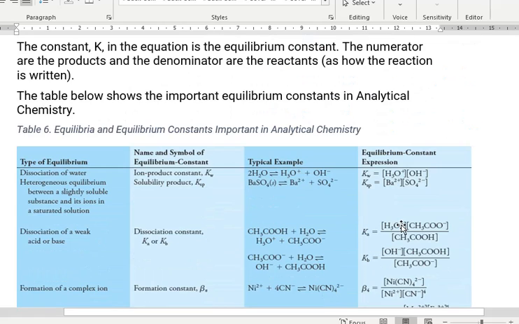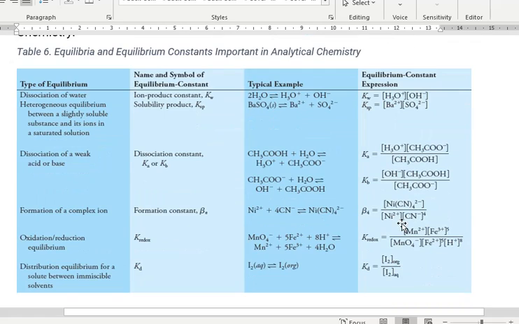Alright? That is why in analytical chemistry, it's very confusing sometimes. We have so many equilibrium constants that are given specific names. But it's still an equilibrium constant. Same method, that's still products over reactants raised to their stoichiometric coefficients.